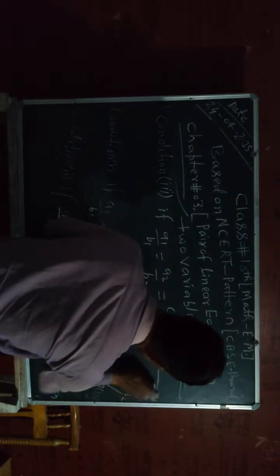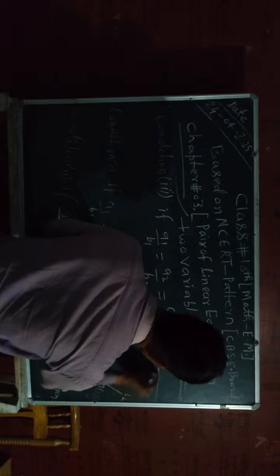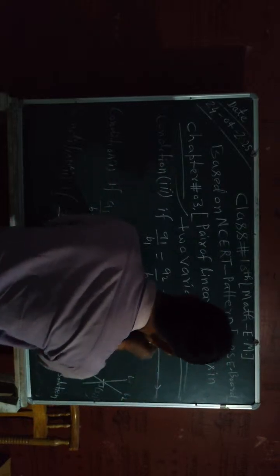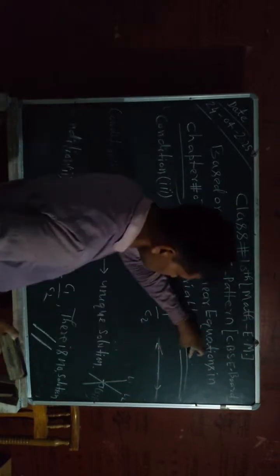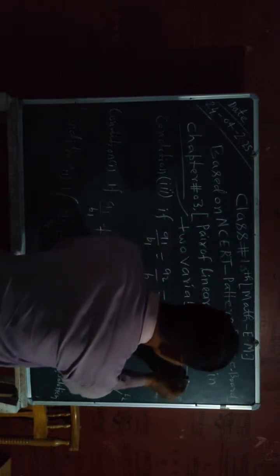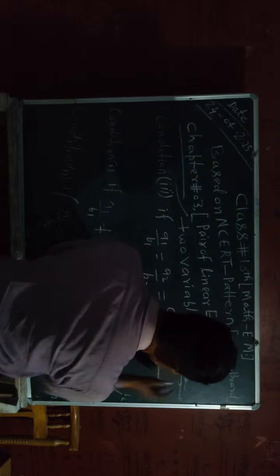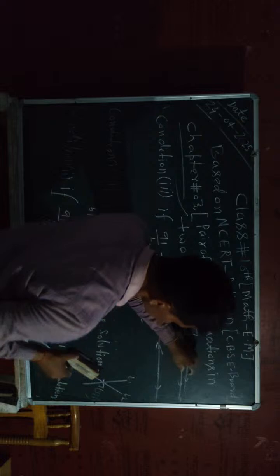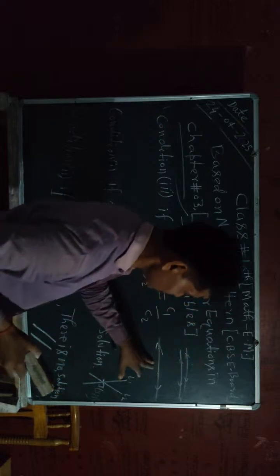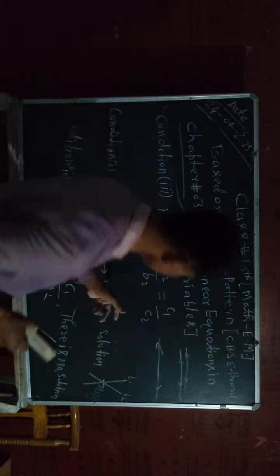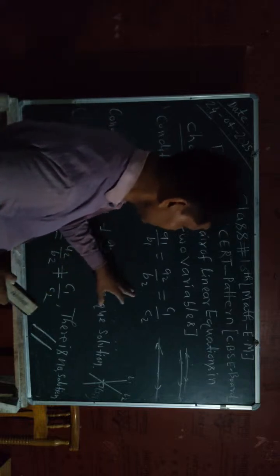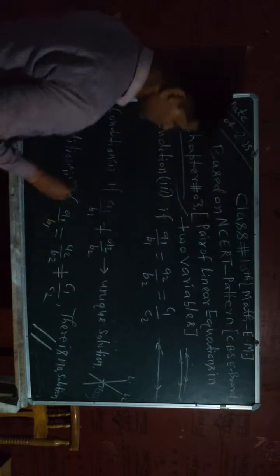It means that both lines are the same, and both lines will merge into each other. Okay students, so I take one line and place it on the second line, so both lines will look like this. Okay student, it means that in this case I will say there are an infinite number of solutions.